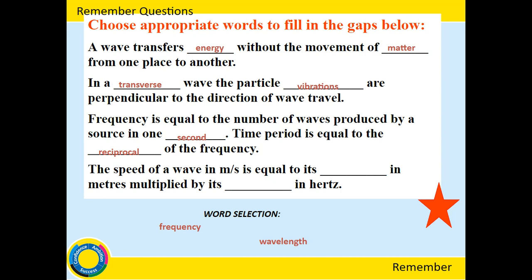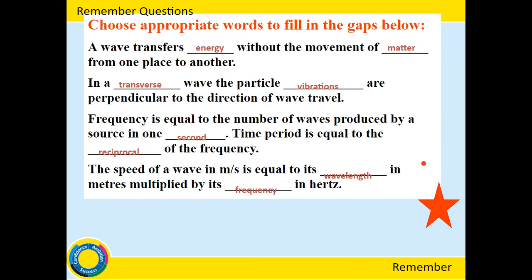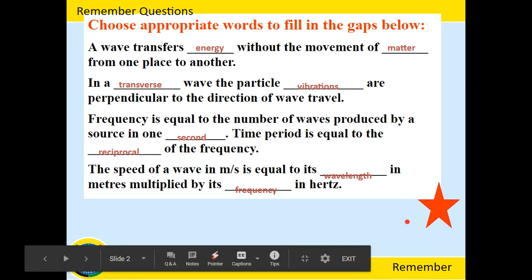The speed of the wave in meters per second is equal to its wavelength in meters multiplied by its frequency. I'm sorry, some of these have jumped down a little bit, but you can still see them okay. Make sure that you've marked them, okay? All right. Okay, let's now move on to the next slide.